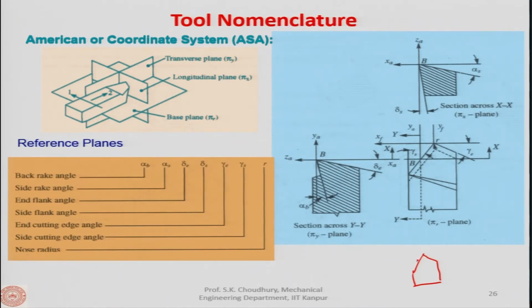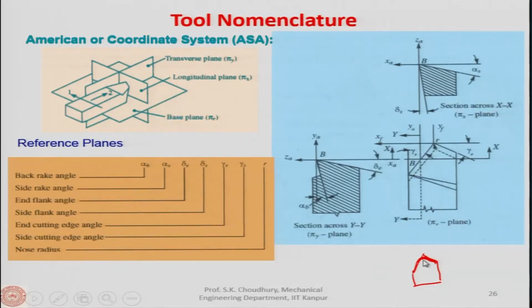So, therefore, normally there is a nose radius given to the tool tip, and we will see later on that it has another advantage also, that when we have the nose radius, the surface finish improves. Okay. I will tell you the physics behind why the surface finish improves when we discuss the surface finish chapter.